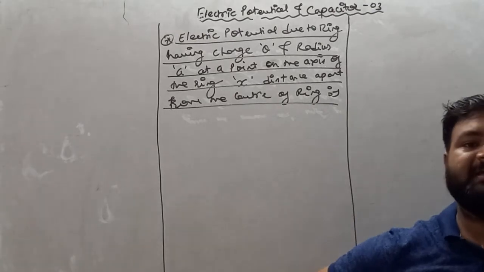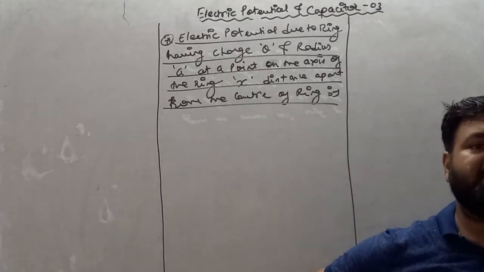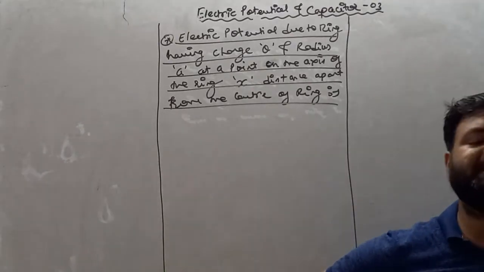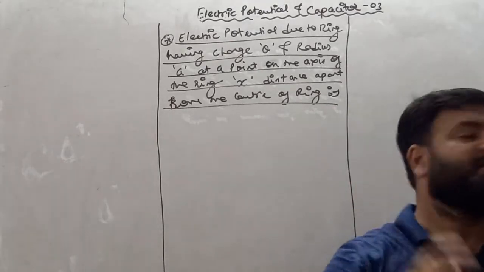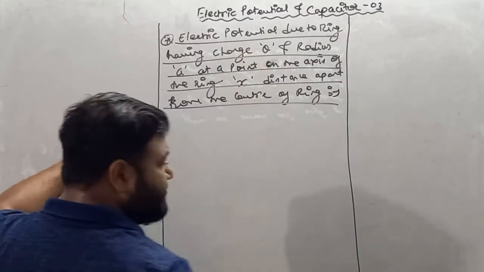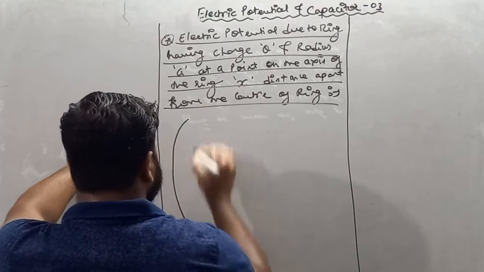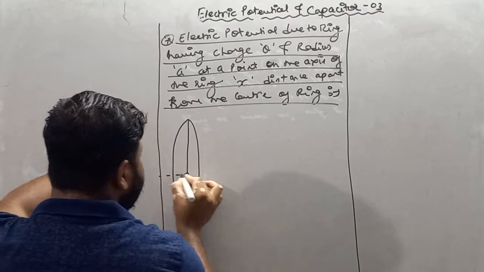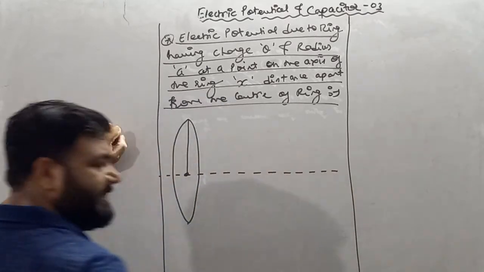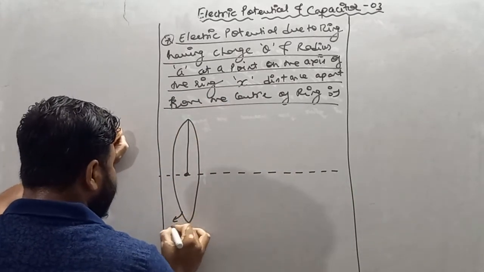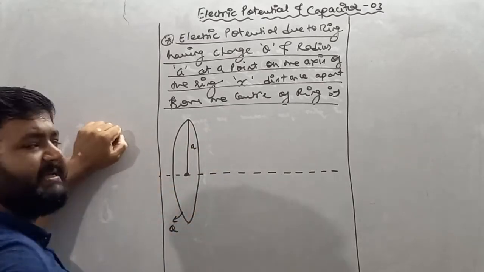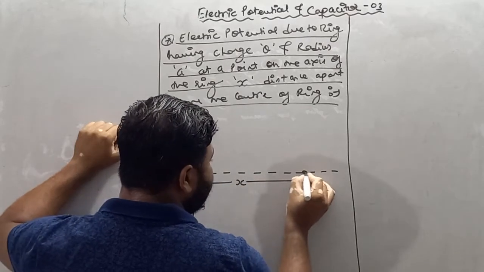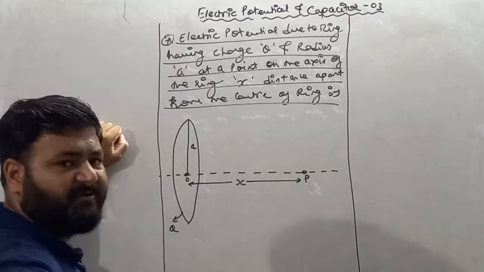Let's suppose this is your ring and this is the radius of the ring. Axis of the ring means the line which passes through the center of the ring. So this is a ring in which Q charge is present and the radius of the ring is A. We have to find electric potential at this point P, x distance apart from this ring.